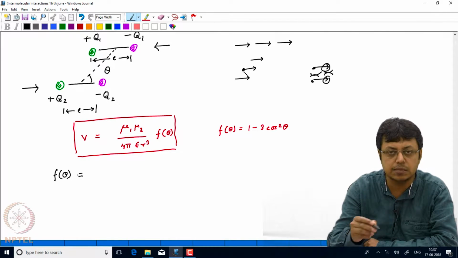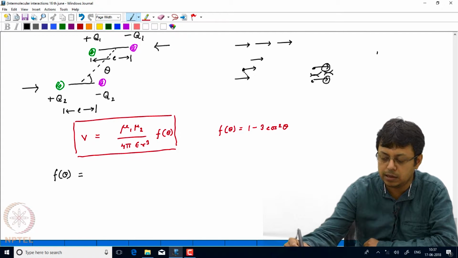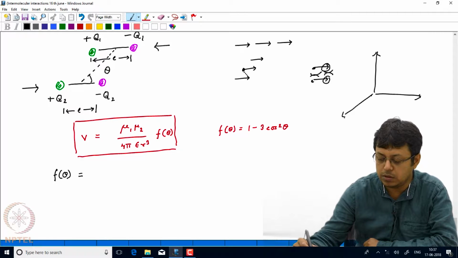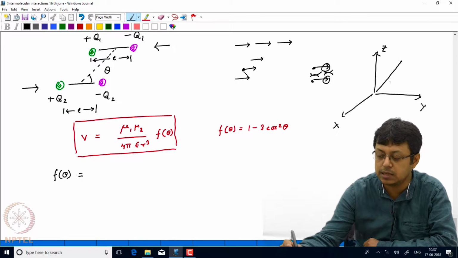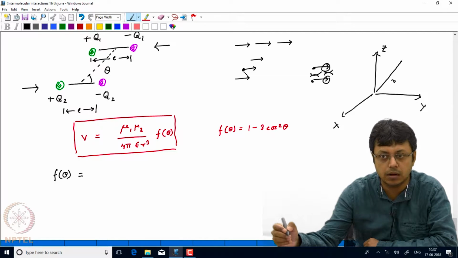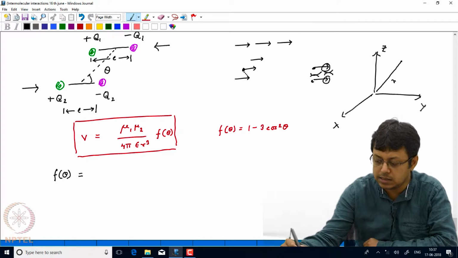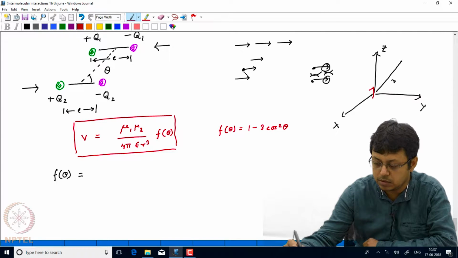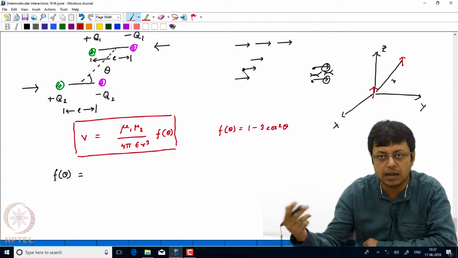Realizing that this is basically the theta in the spherical polar coordinate. So, if you remember that we have say x, y, z axis, and then any position at this moment, this is basically the center to center distance of the dipoles, and again the dipoles are parallel to each other, and we are only varying the orientation of the r, in the sense that if the first dipole is kept along z like this, the second dipole also is always kept like this, and then only the r is varying.